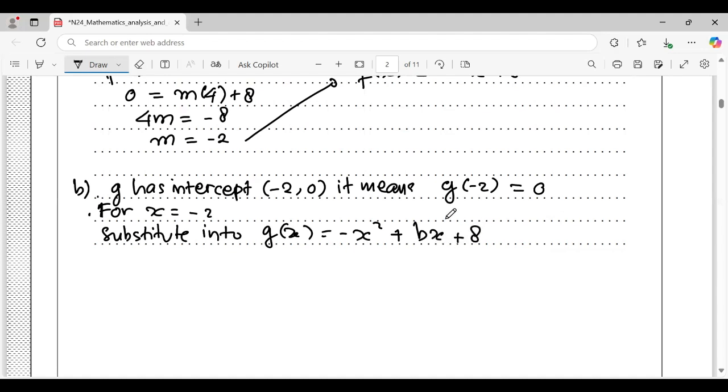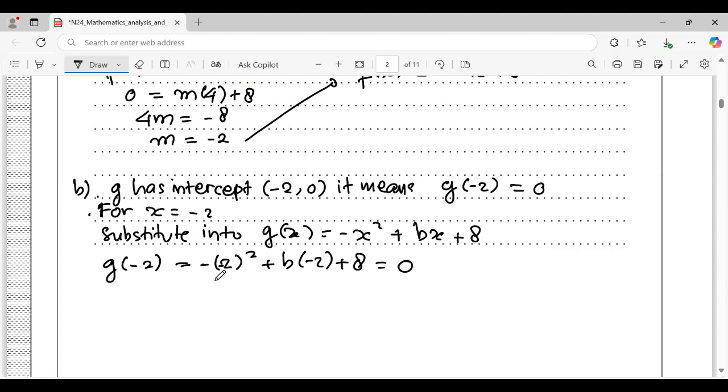So g of minus 2 equals 0 equals minus of minus 2 squared plus b times minus 2 plus 8.